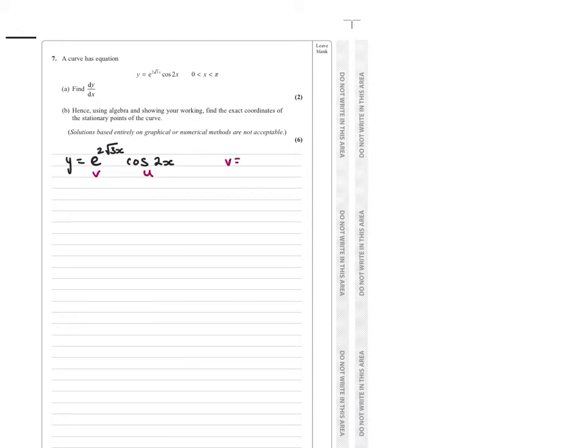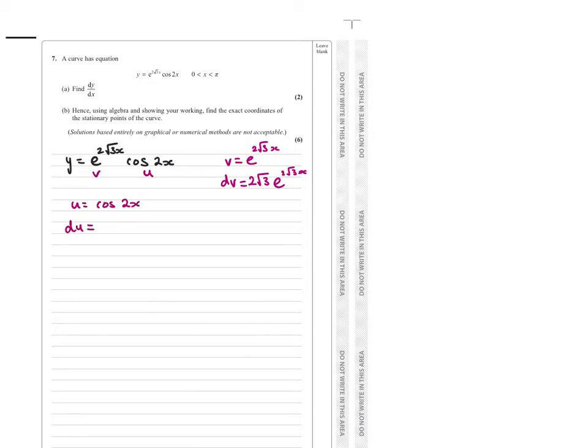So I know that v equals e to the power of 2 root 3x. Differential of this is going to be e to the power of 2 root 3x, and then we multiply by the differential of the bracket, which is 2 root 3, because the differential of 2 root 3x is 2 root 3. Then we know that u equals cos of 2x.